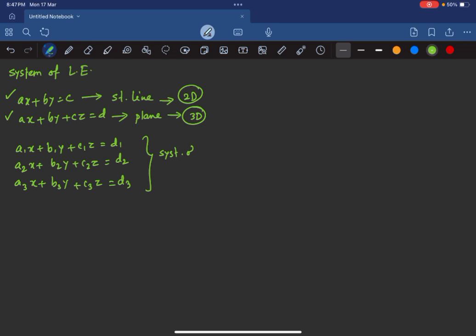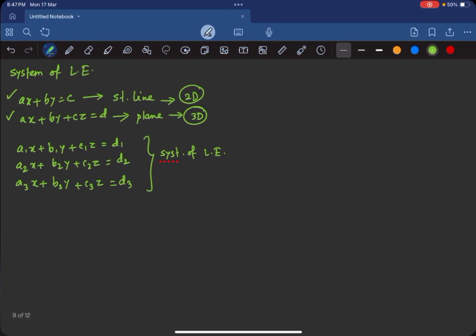This is a system of linear equations, and each of these equations represents one particular plane. Now there may be cases where these three planes intersect through a particular point or not. That means, what about the intersection of these three planes, whether they intersect or not.